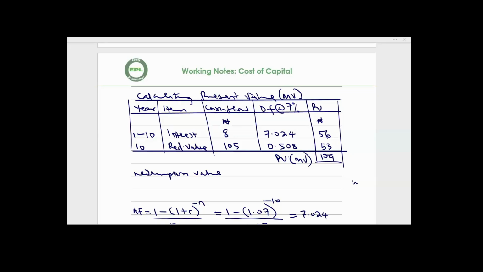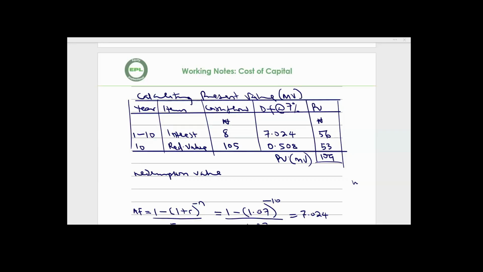The essence is to explain the concepts and how you are going to treat them, even in a bigger question. Whether you are given 10 pages of a question and asked to calculate all these things, it's the same thing. This is just to explain the concept.